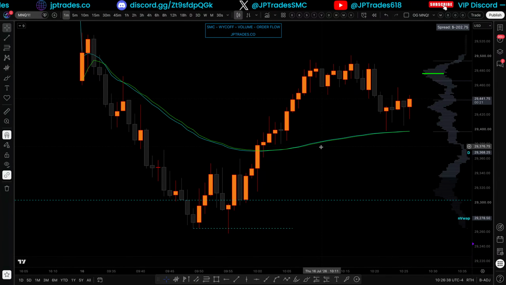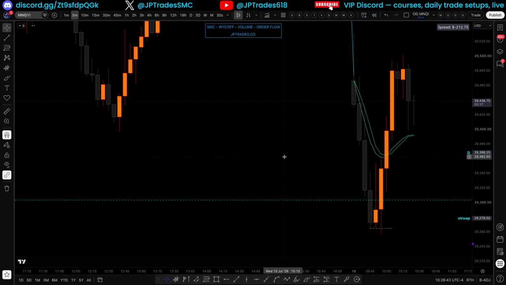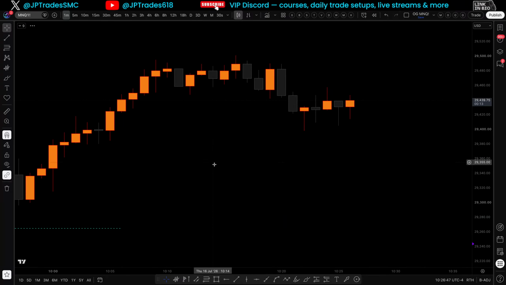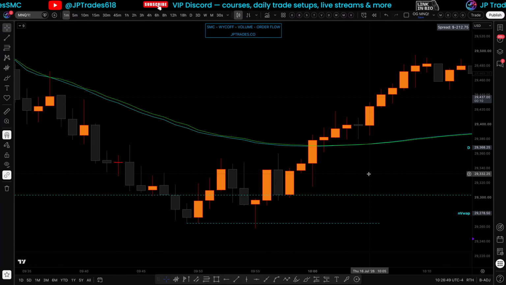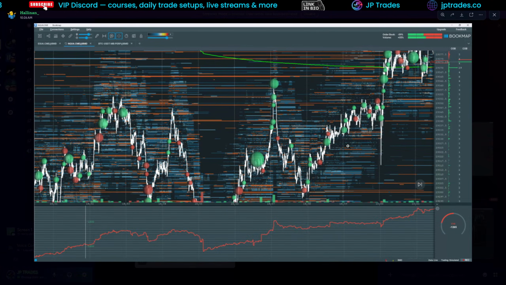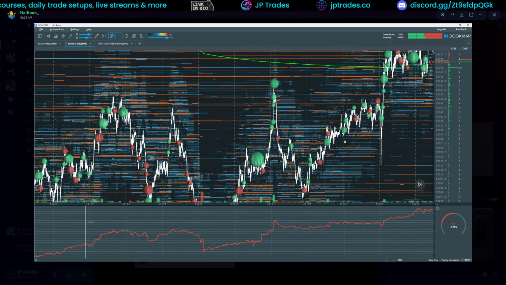Let me post the screenshot. So I've just posted the screenshot of my NQ, and we had a quick push up with some buyers right at the top, and then straight back down.